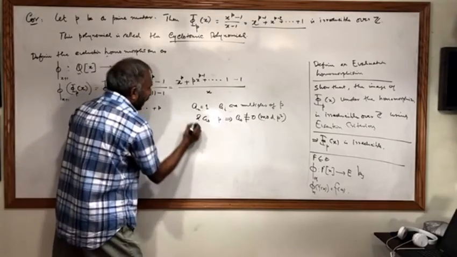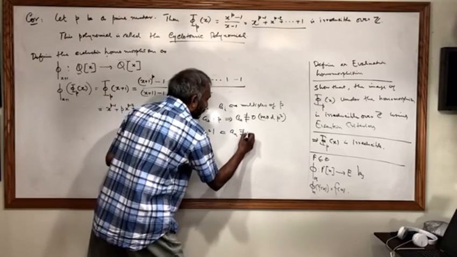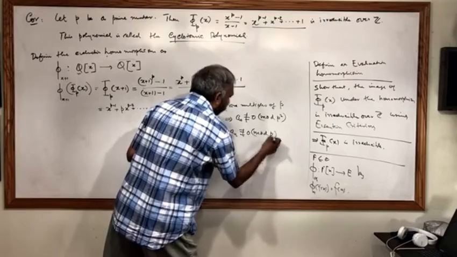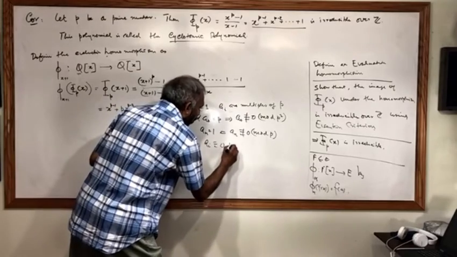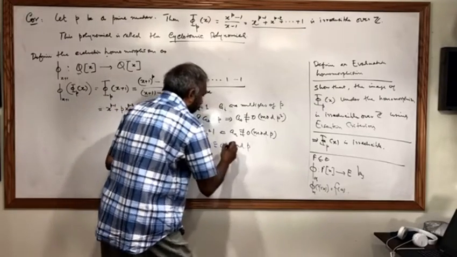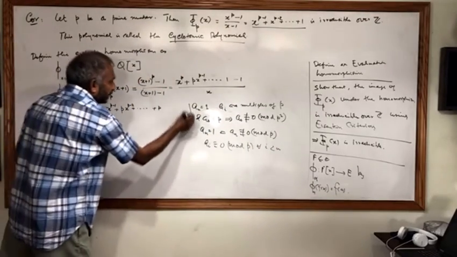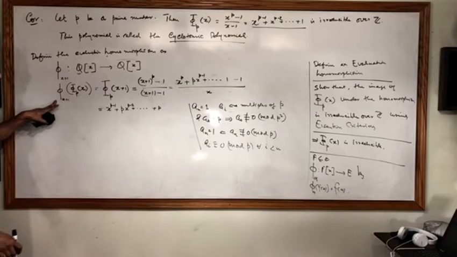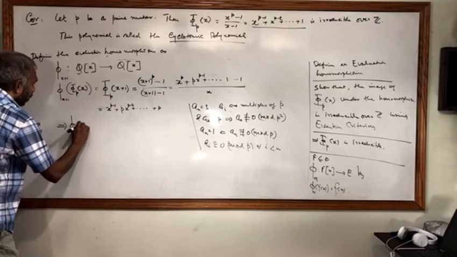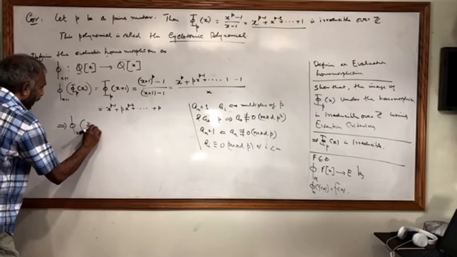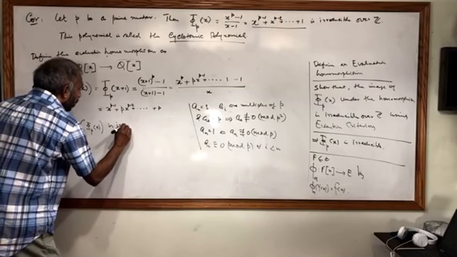And here, since a_n is equal to 1, that means a_n is different from 0 mod p. And a_i is equal to 0 mod p for all i less than n. So all these conditions are satisfied for this. And that implies Phi of p(x+1) is irreducible.